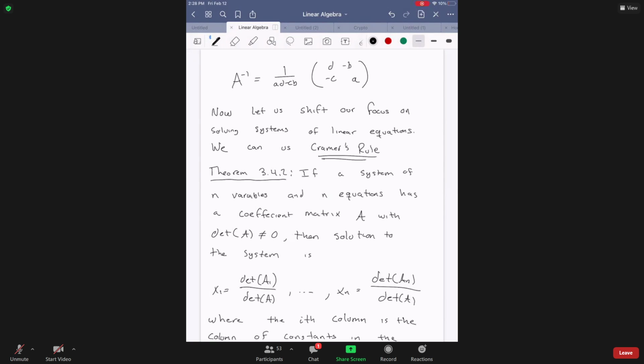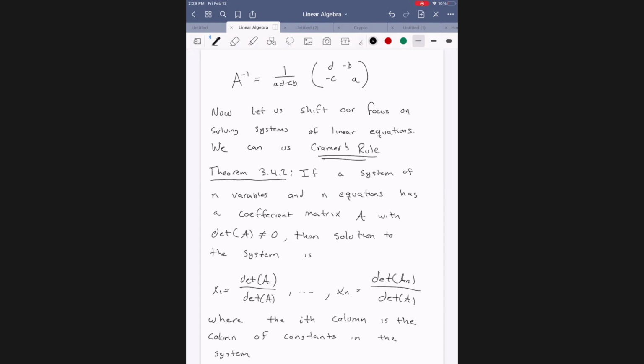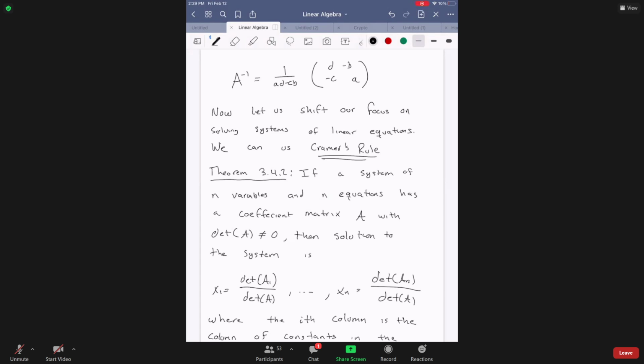What I mean by that is, you have your variables over here with their coefficients, and then you have your equals to like 2. The right side of the equation, those are the constants that they're talking about in this theorem.